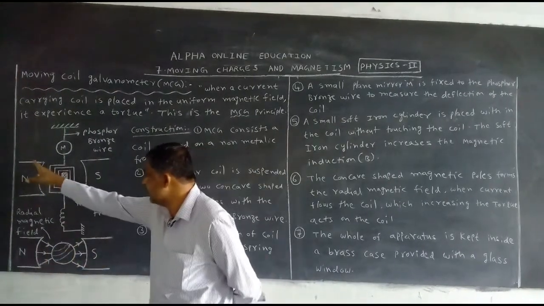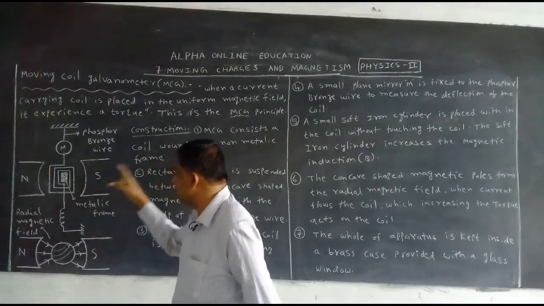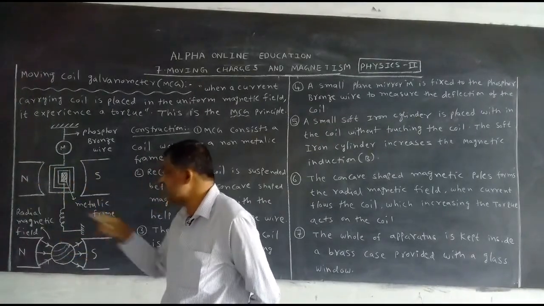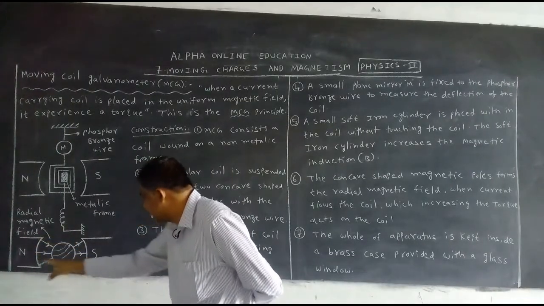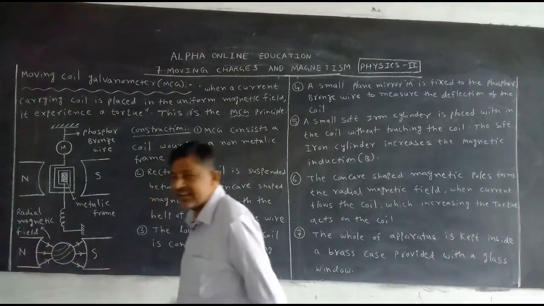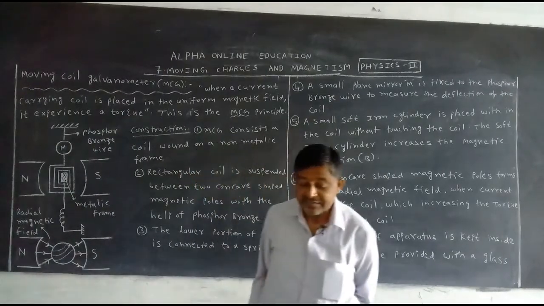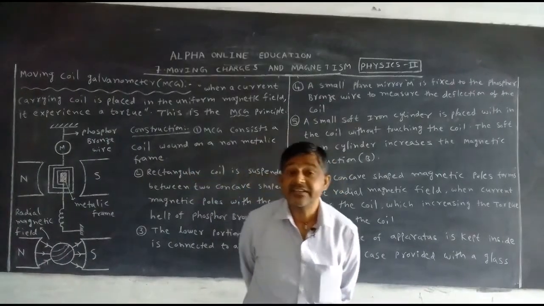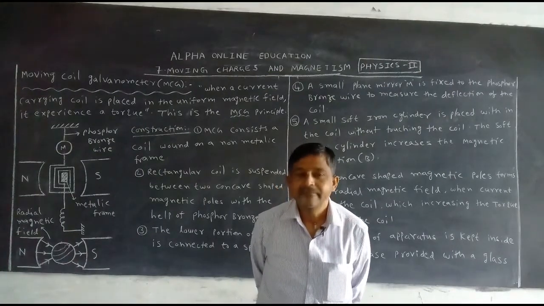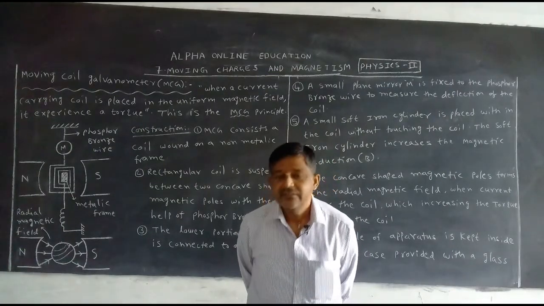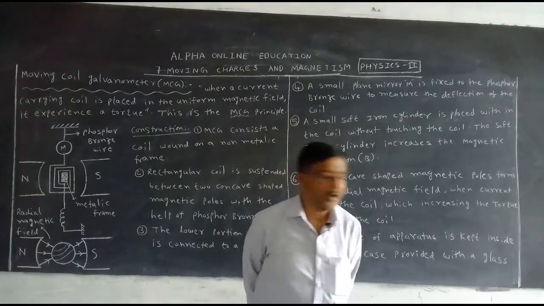Actually, a uniform magnetic field means lines are like this, but here a radial magnetic field is established. See how the lines are, in this side, in this side, in this side. Okay, the radial magnetic field is established in the coil. When is it established? When the current is passing through the coil.